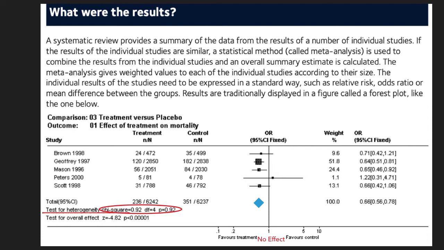On the right, we can see the test of heterogeneity, chi-square, DF, and p-value, and the test of overall effect, where the p-value here is less than 0.00001, and this is statistically significant. The vertical line is the line of no effect; on the right is favors control, and on the left is favors treatment.